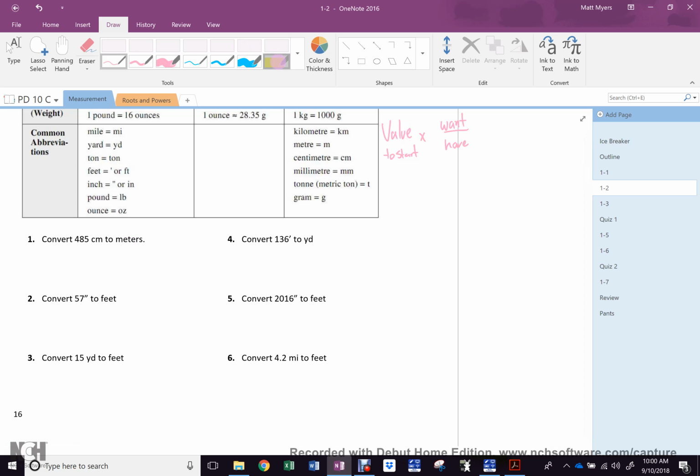What is the value I have to start? I have 485 centimeters. So I write that down because that's what I have to start. Then I multiply it, and I'm going to highlight it in yellow to see how I match it up for you because some of you are visual learners. See what I did there? I know. You're welcome.